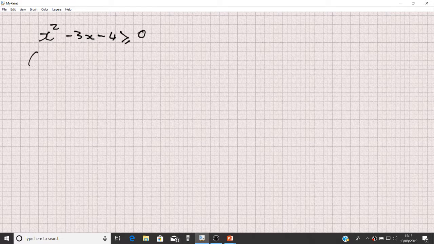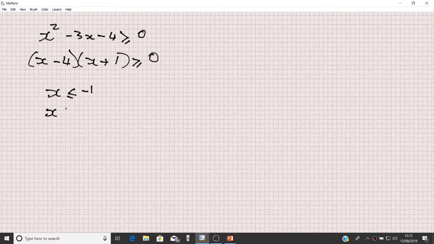If I was to solve that, I'll go x minus 4 and x plus 1 is greater than or equal to 0. So it'll give me the values x must be less than or equal to minus 1, together with values of x must be greater than or equal to 4.